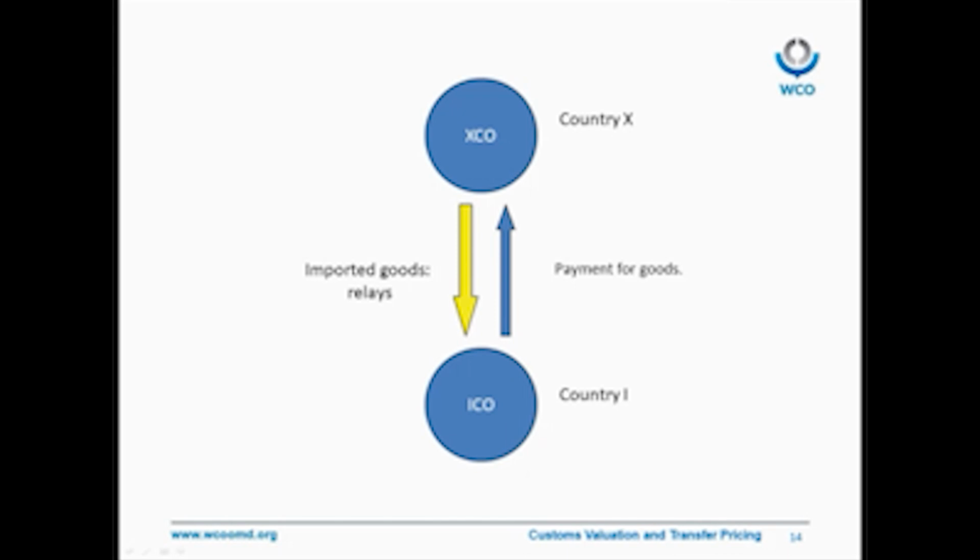ICO is a distributor of country I. So ICO imports relays and does not purchase any product from unrelated sellers. And XCO does not sell relays or goods of the same class or kind to unrelated buyers. So there are no identical or similar goods. And the buyer and the seller are related.